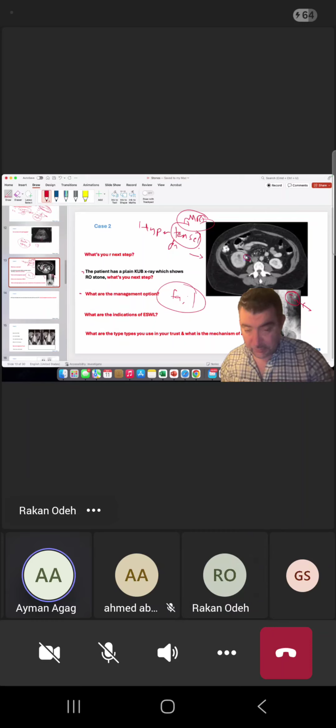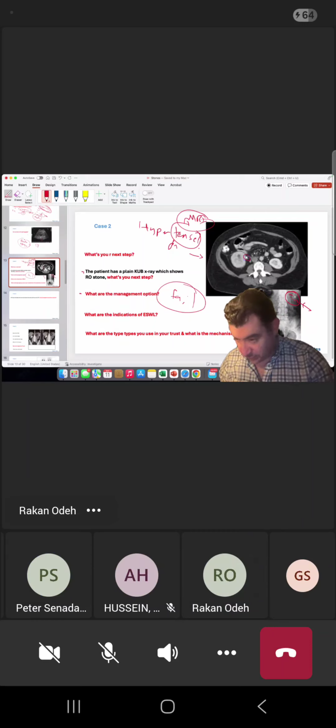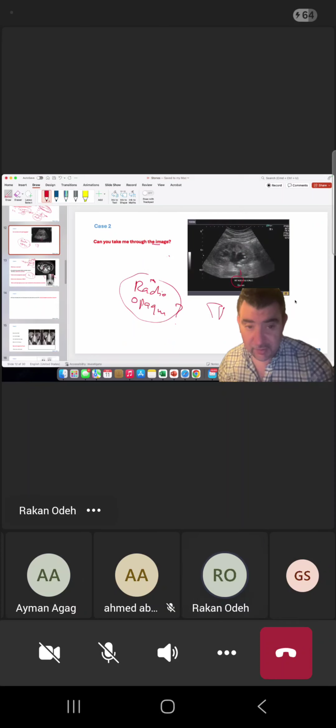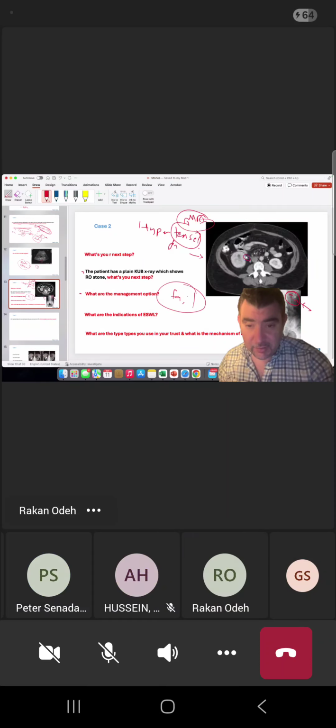Is there any supporting study in this scenario that I can mention? Yeah, there are always studies. Let's see. Is this a proximal ureteric stone or a renal pelvis stone? This is a PUJ stone. MIMIC is about spontaneous passage.